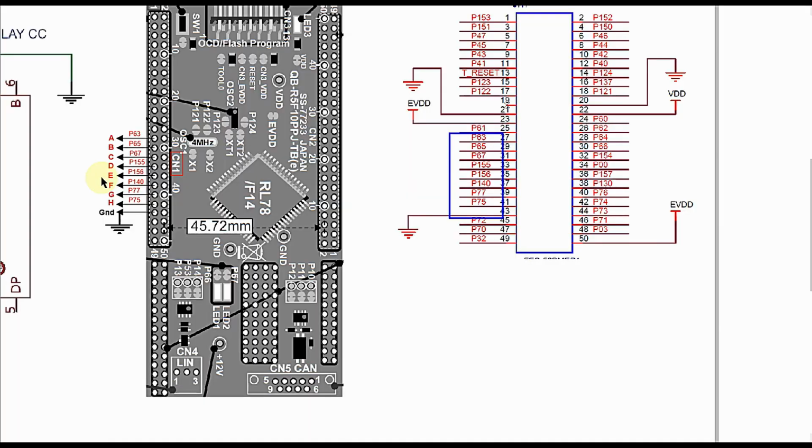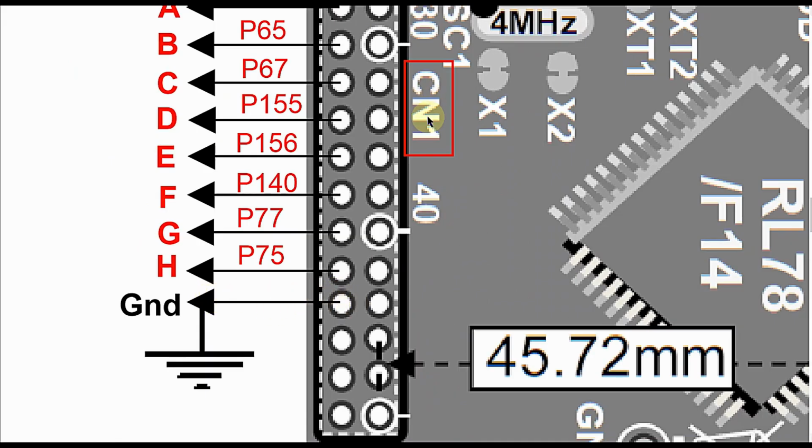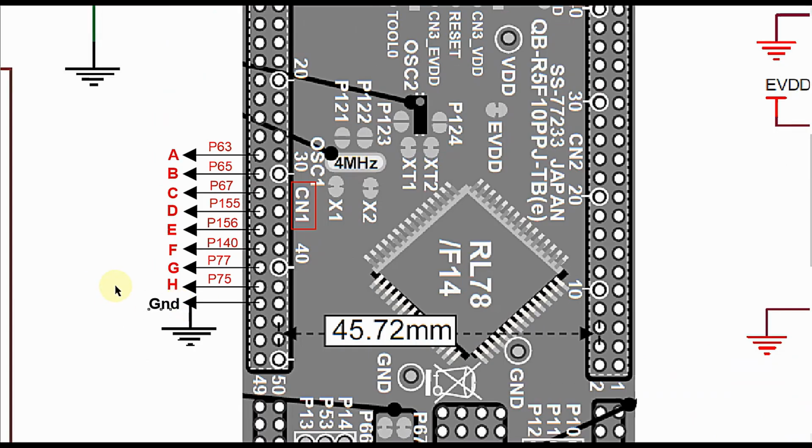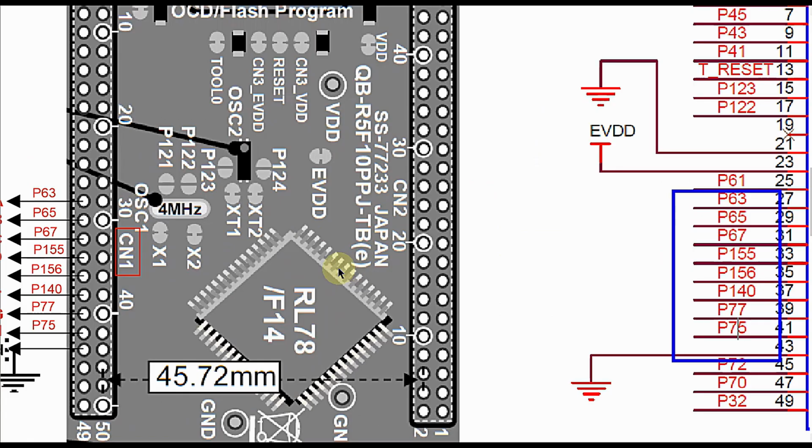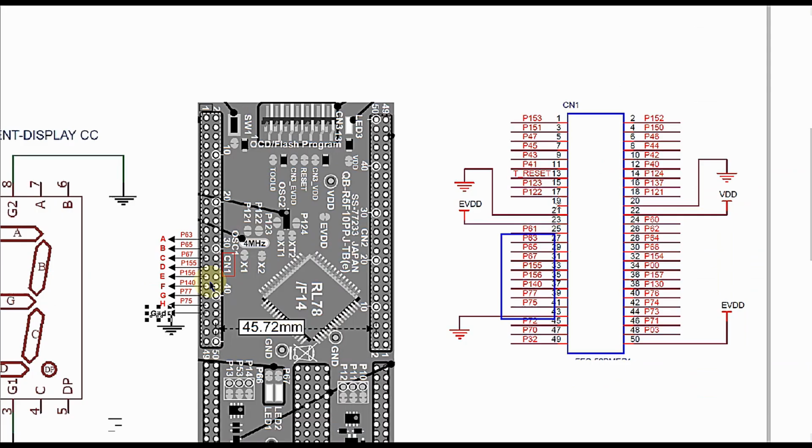And finally, in connector CN1, pin number 43, we have a ground pin right over here. So this ground pin will be connected to the center terminal of the 7-segment display for grounding that. And regarding the schematic diagram of this development board, I have already provided a document for this particular development board, one by one what I am doing in this video.